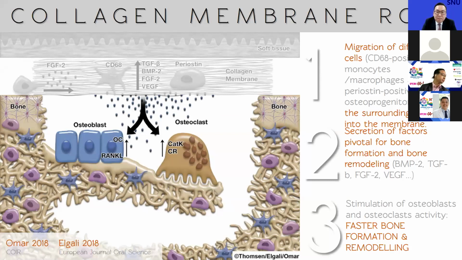It's actually embedding growth factors from surrounding tissues and secreting factors that are responsible for faster bone formation and remodeling. So this type of collagen membrane has a very active role too, not just a passive barrier function, but participating in bone regeneration and tissue regeneration.